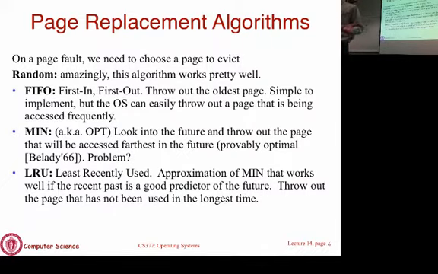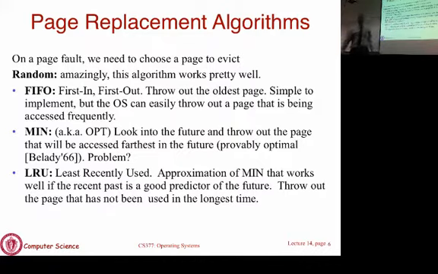So you don't know what code is going to be executed, let alone what pages are going to be accessed. So this is an optimal policy, but not a practical one. It's not going to actually give you anything practical. But it's optimal. You can do no better, and we'll see examples of this. So that's a good question.